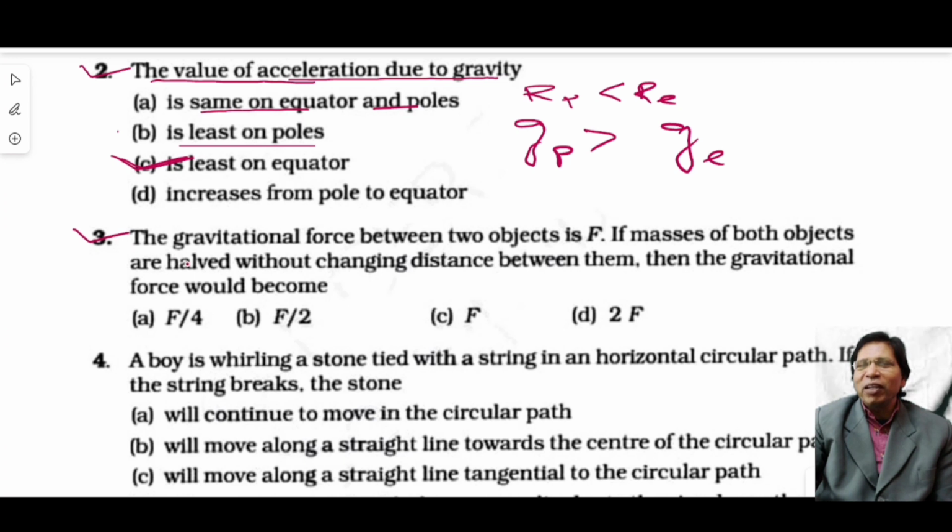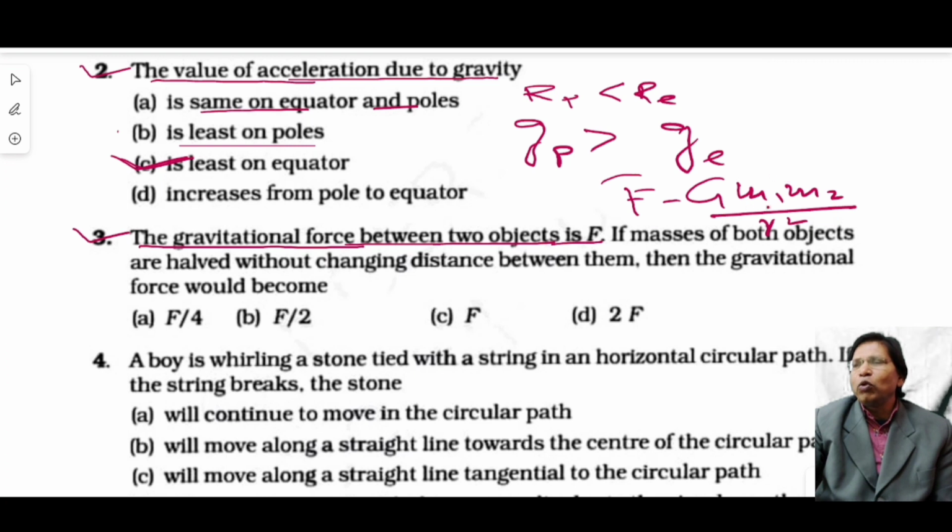Now, question number 3. The gravitational force between two objects is F. Now, F equals G m1 m2 divided by r squared, the gravitational force of attraction between two objects m1 and m2.